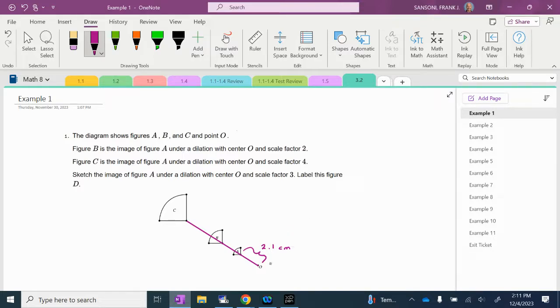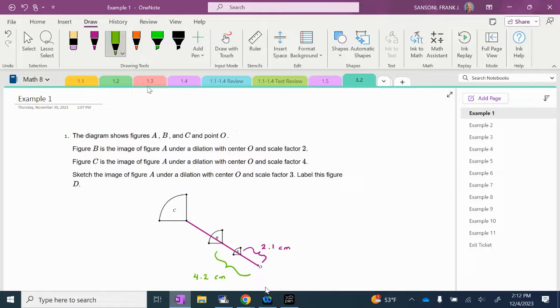So measure from O to the corner of B and see if it is exactly 4.2. Do you agree with that? Yeah, so that makes sense. So I'm going to go to the other side. I'm going to say from here to there is 4.2. See how I have the little parentheses saying from here to here.